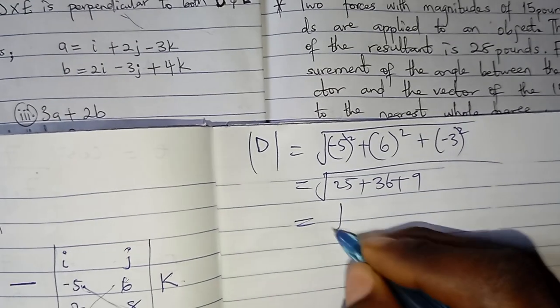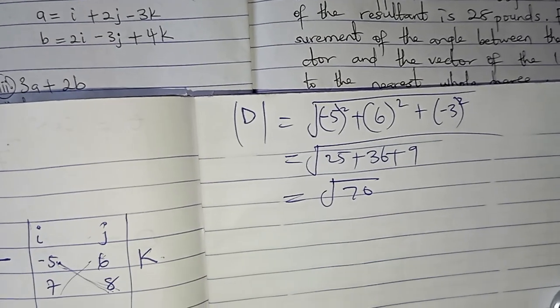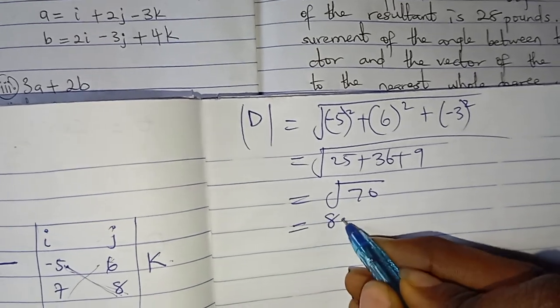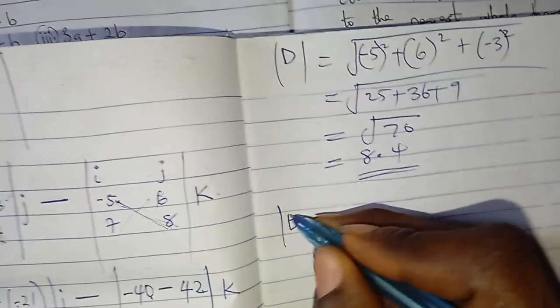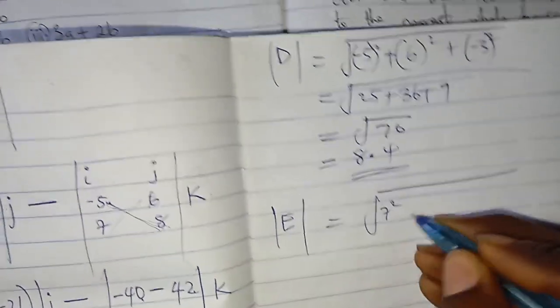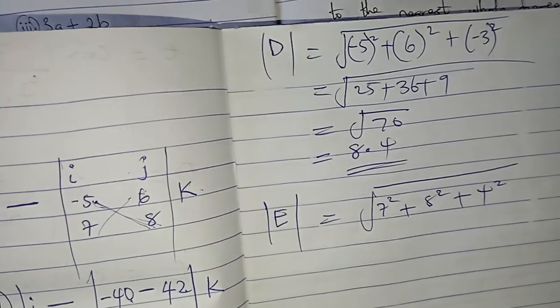This should give me square root of 70, and square root of 70 is 8.4. The magnitude of E is going to give me square root of 7 square plus 8 square plus 4 square.